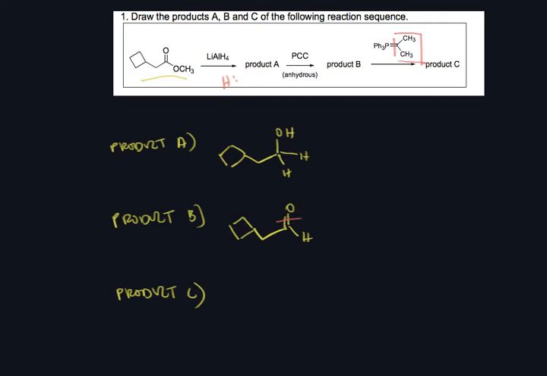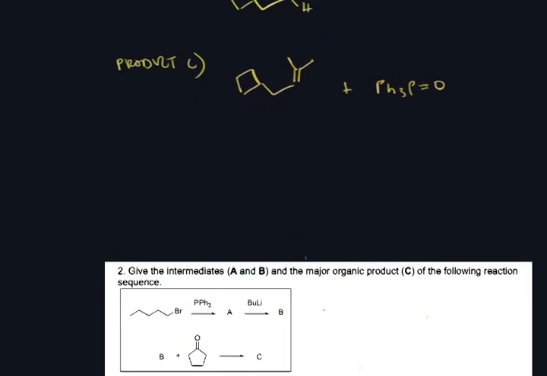And so it forms this product where you've added the 2 methyl groups to the carbon-oxygen double bond, and that oxygen has replaced them in the triphenylphosphine, so you get these 2 products. And so that's a Wittig reaction. These are products C, and the reaction mechanism is in the notes if you want to check that out.